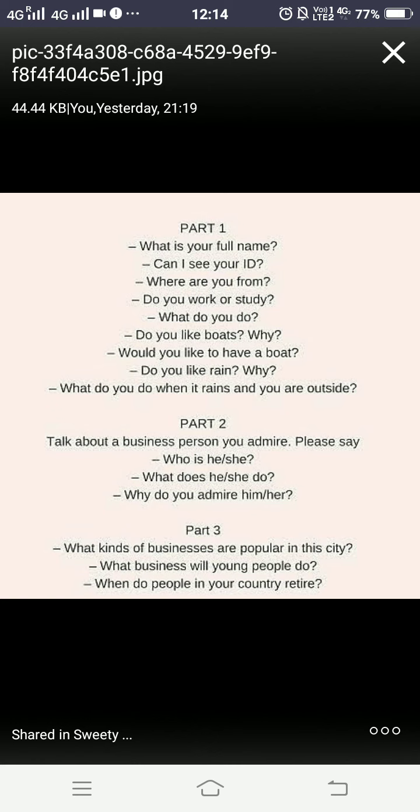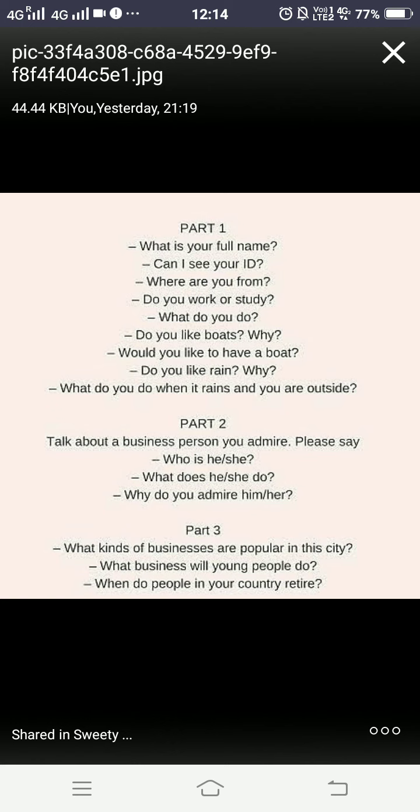In part 2 there is a cue card. This is the main part. Your part 2 is always the main part of your speaking test, and you get 1 minute for preparation. Once part 2 is over, then comes part 3. You can see there are questions on the screen which are related to part 2 only. Part 2 is about business, so the questions in part 3 are related to business only.